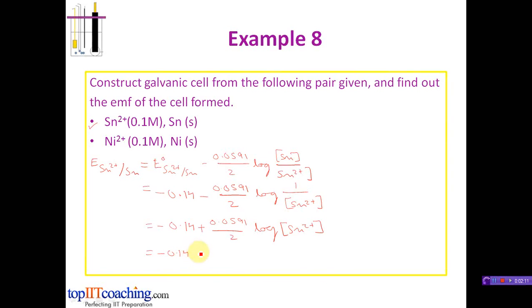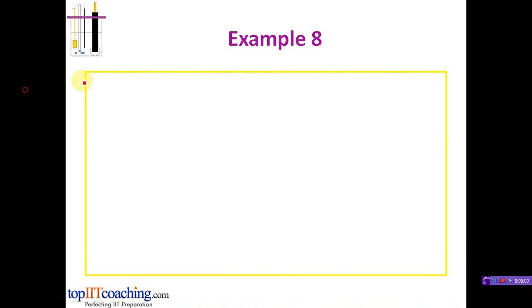So minus 0.14 plus 0.0591 divided by 2 log, the concentration is given to us, that is 0.1. On solving this part, we'll get minus 0.14 plus 0.29, that is 0.15 volts.